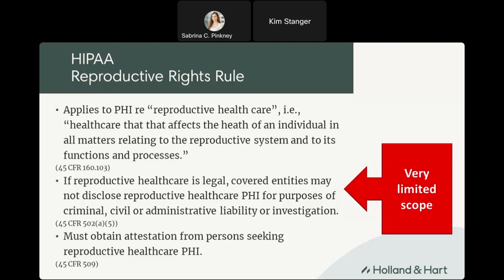The rule states that if the reproductive health care is legal where it occurred, then covered entities may not disclose the reproductive health care protected health information for purposes of criminal, civil, or administrative liability or investigation into any of those. In addition, before you can make a disclosure, you've got to obtain an attestation from the person seeking that reproductive health care that they can appropriately access that information.